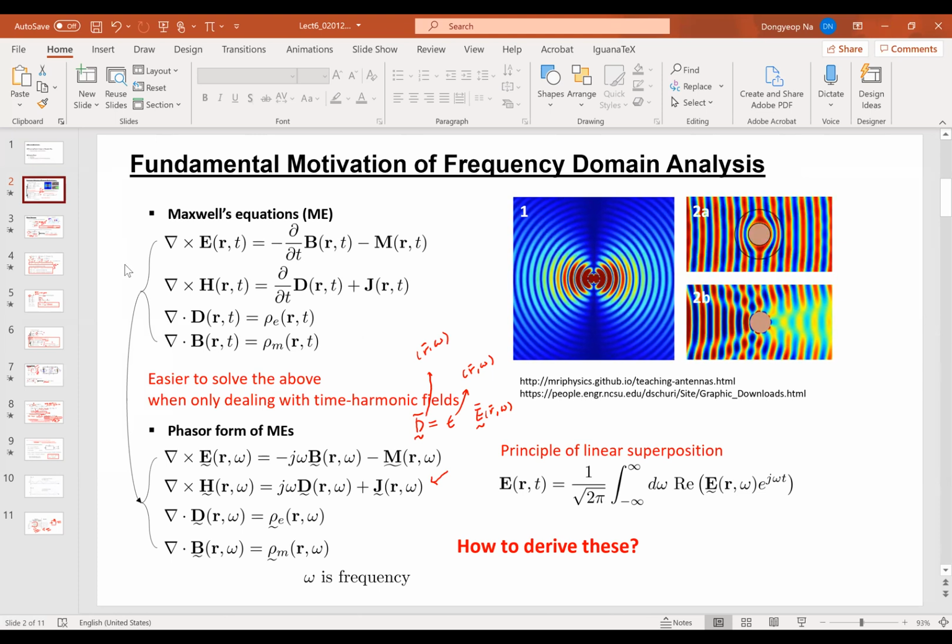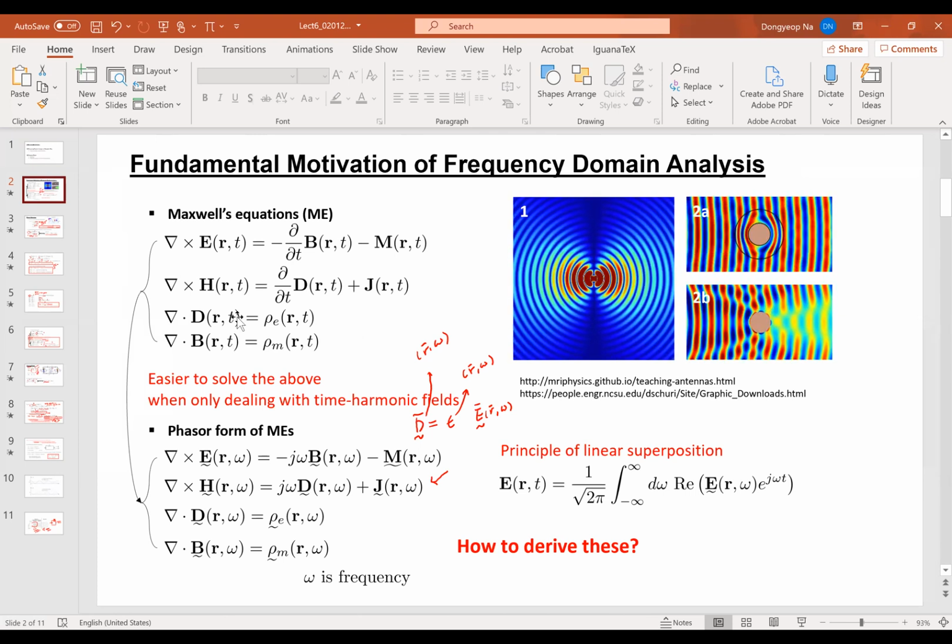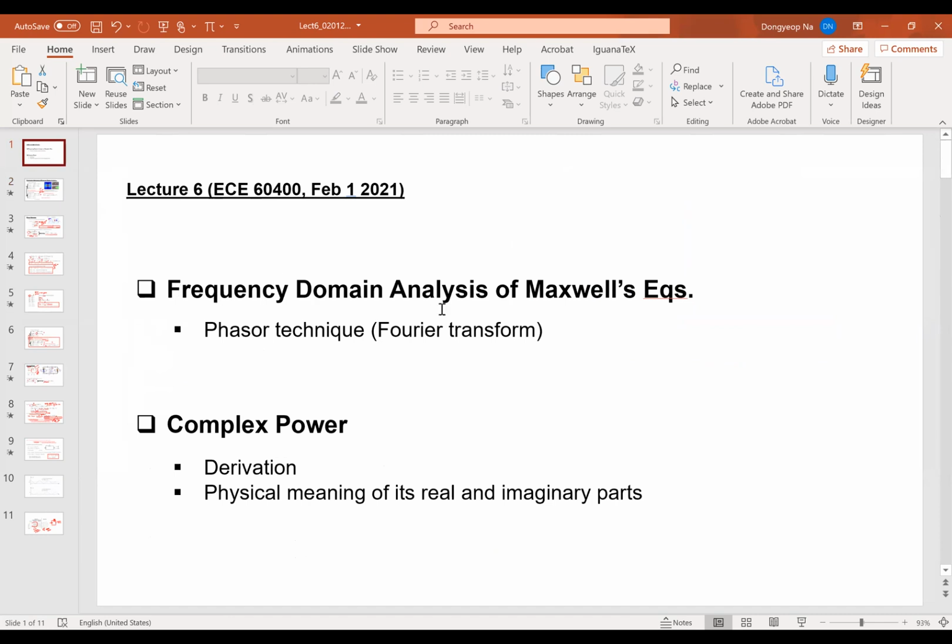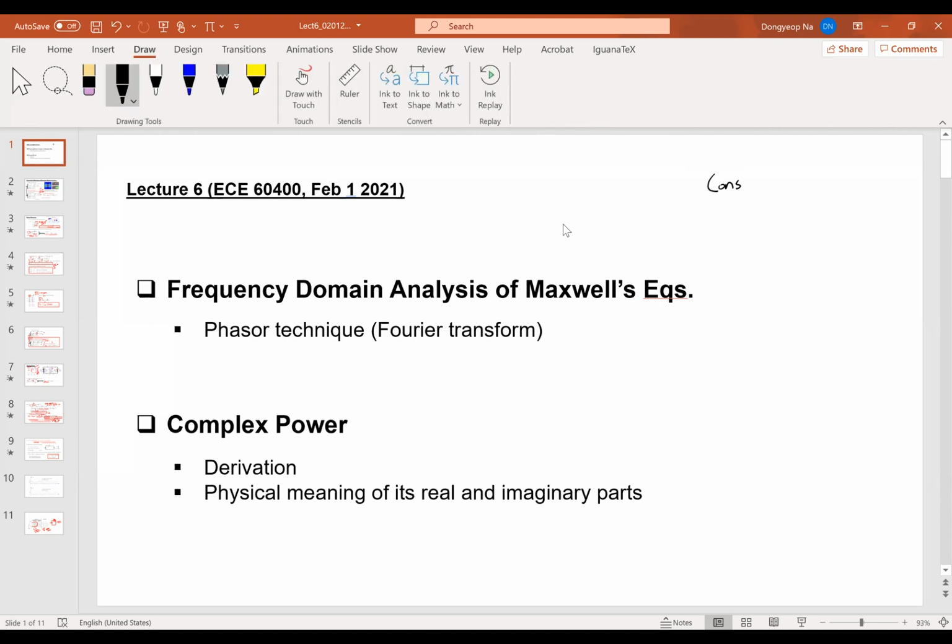Again, in order to reduce the complexity, we have discussed frequency domain analysis and the complex power, and this concept is very important for the rest of this course. After this we're going to discuss the constitutive relation in more detail, meaning the epsilon that relates the electric field and electric flux density in the frequency domain.